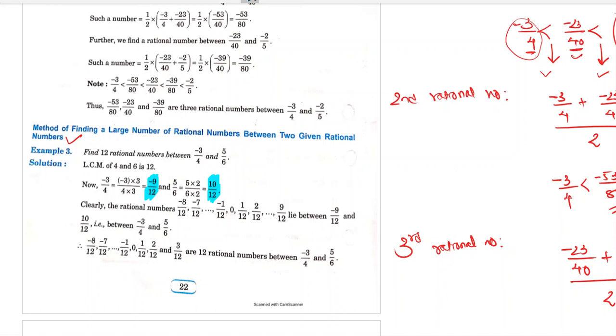The difference of the numerators, minus 9 and 10, is around 19 numbers, and we just have to find 12. So we can easily find. So they have written all the numbers which are greater than minus 9 by 12 and smaller than 10 by 12. See, like this. These are all the numbers between the given rational numbers.